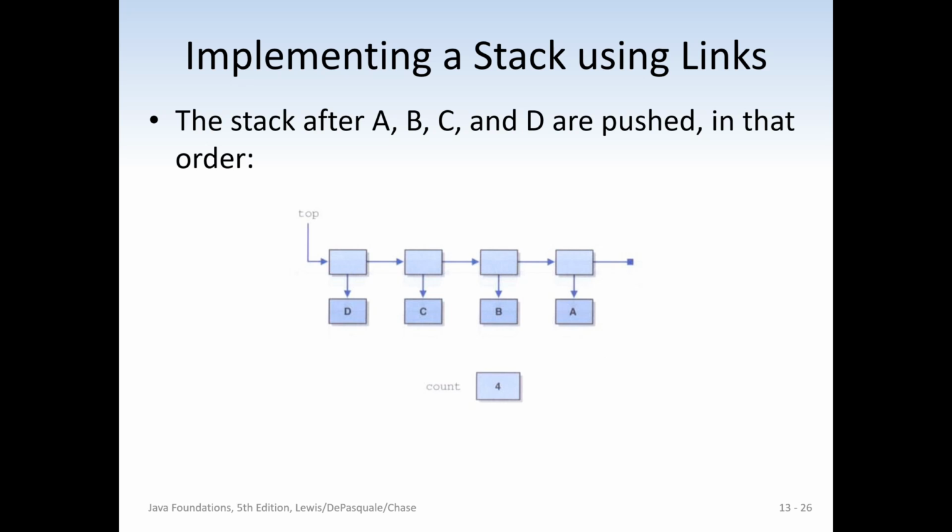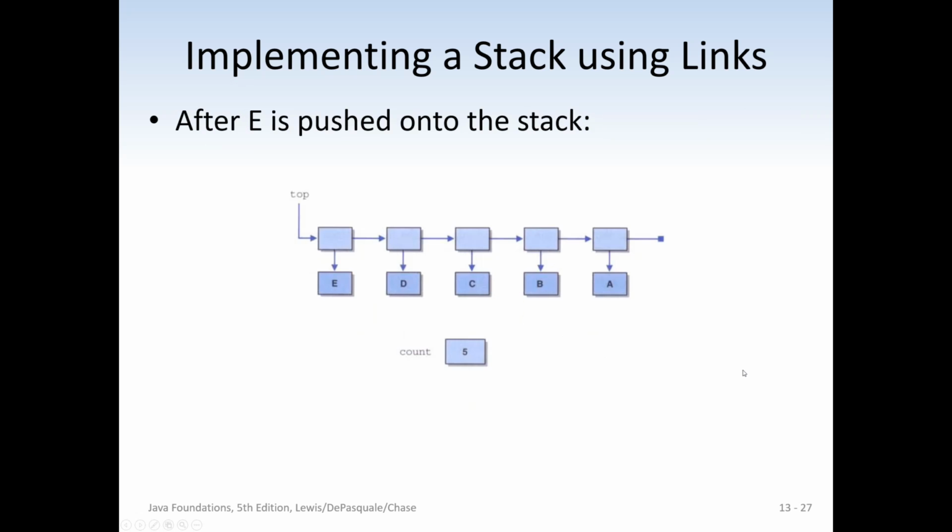And this is what it looks like. So we have our linked stack elements up here, which have a link to the next. We have our reference that points to the very first element of the list. And then we have the thing that we're storing inside, which in this case is just a letter, right? So this is our stack implemented using links.